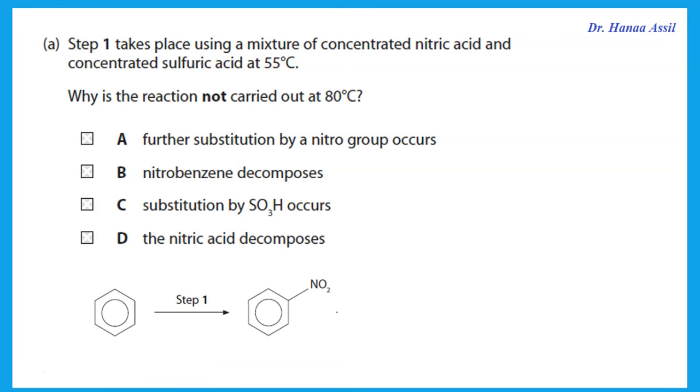Remember that if we do this at a higher temperature, then we will have more and more substitution by nitro groups. So instead of just putting one nitro, we can put 2 nitros, 3 nitros on the benzene. So this happens at a higher temperature. We don't do that if we just want one nitro group substituting on the benzene ring.